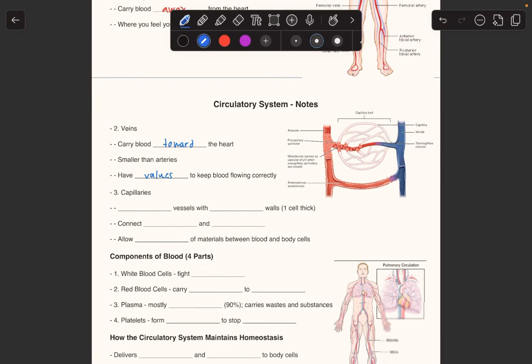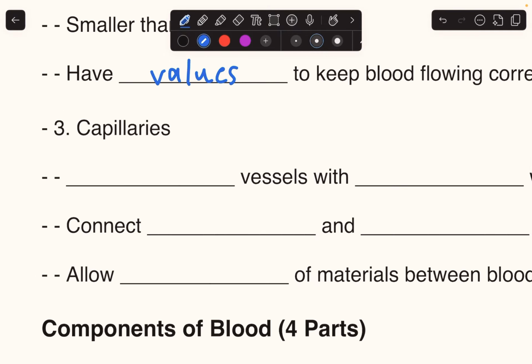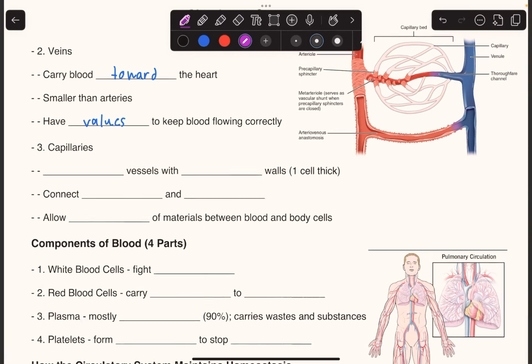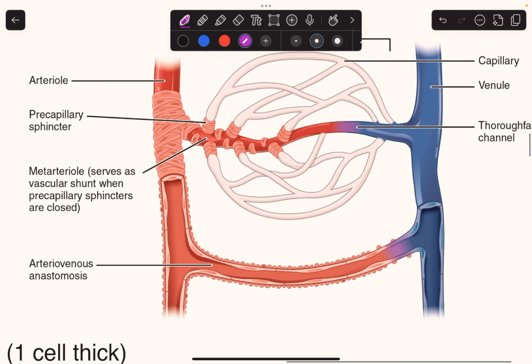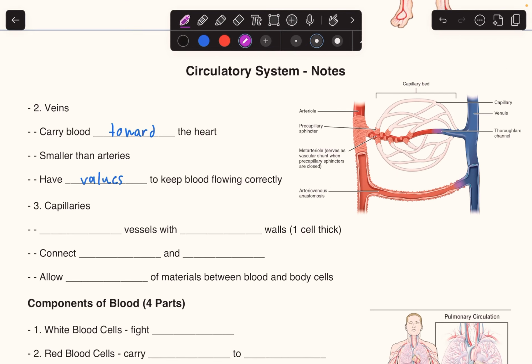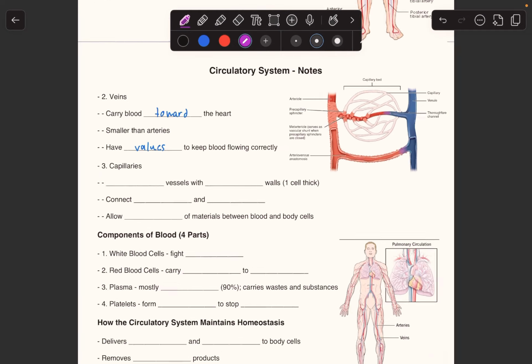Then capillaries. Capillaries are basically a combination. They're like the merging point, you could say, of veins and arteries, and they're also how gas exchange happens in the lungs.